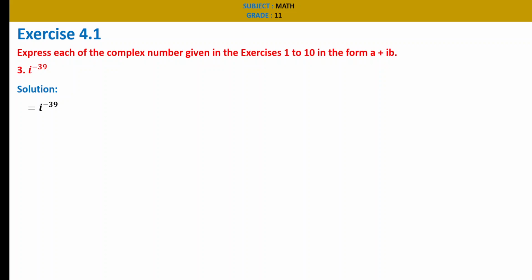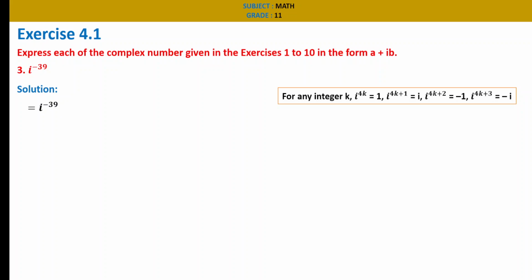Solution. Given question is I power minus 39. As we know the power is negative, we have to bring it to the denominator: 1 divided by I power 39.